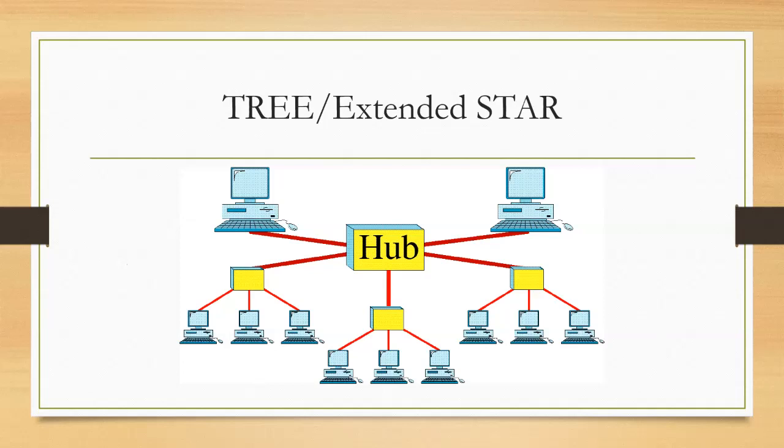And then those hubs or switches or central controllers are again connected to one more, higher-level central controller. This makes it a tree topology or extended star topology. The features of this tree topology are exactly similar to star topology.